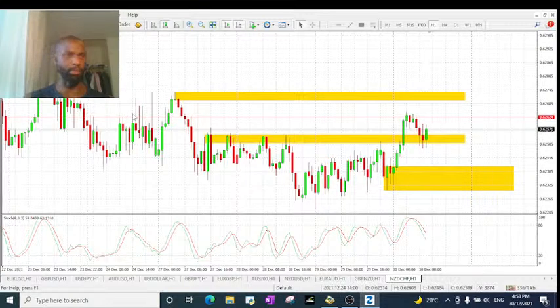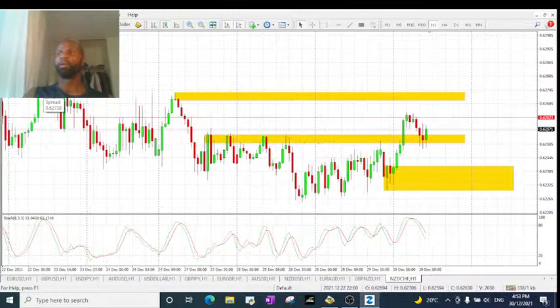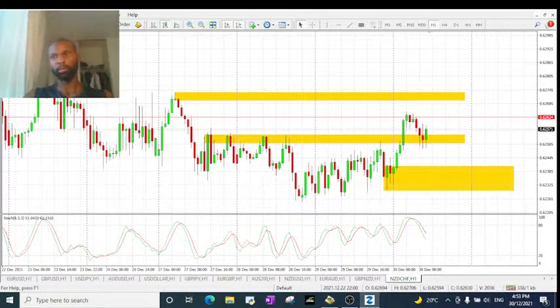Man, but the spread is crazy though, 5.3 pips. Look at the spread. No way, oh, this is FXCM. I'll see what the spread is like in IC Markets.